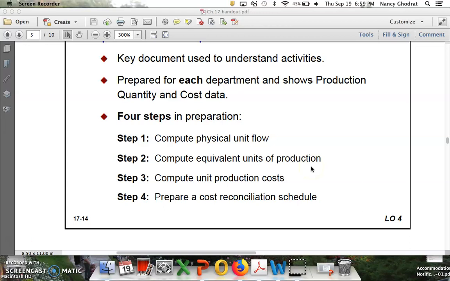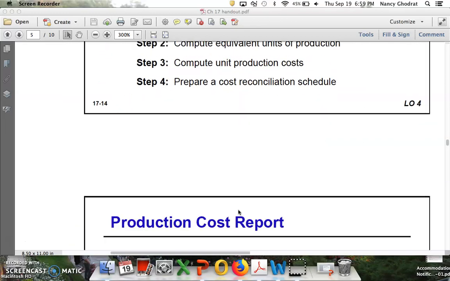And once you have the equivalent units of production, you can come up with the cost of 1 unit, 1 waffle batter. And eventually you're going to show the total cost, how much of it was used to create the units transferred out and how much of it is used for the ending work in process.